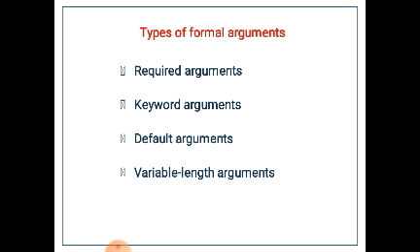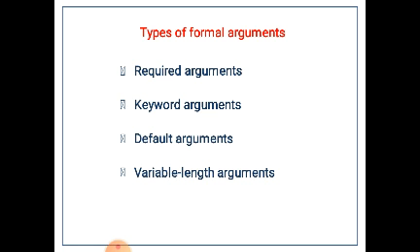Now let us study the formal arguments, types of arguments or types of formal arguments. We see 4 types of formal arguments here. First, required arguments. Second, keyword arguments. Third, default arguments.